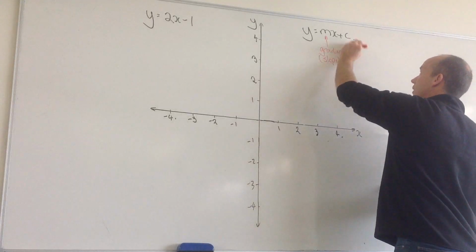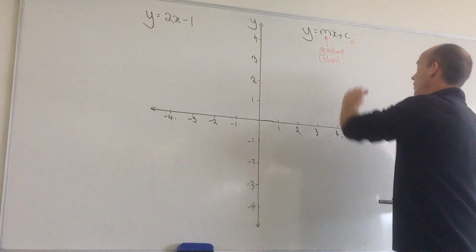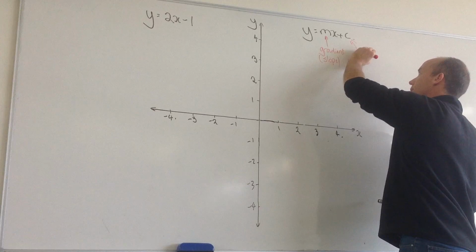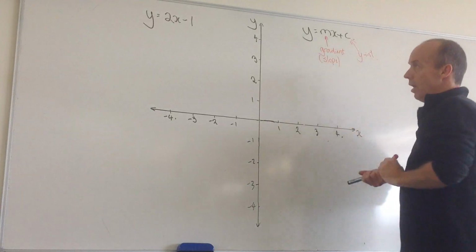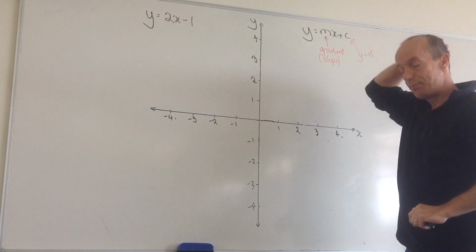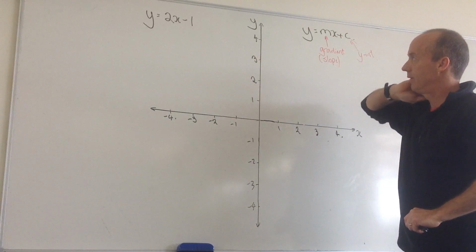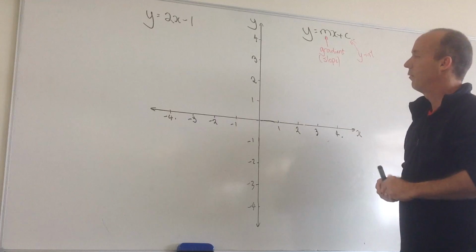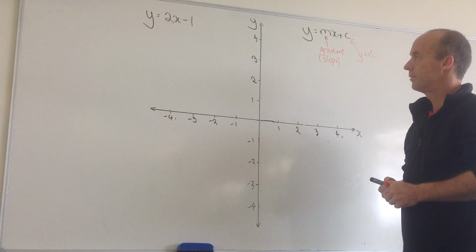And then the number at the end, the c value, is equal to my y-intercept. So that makes it really easy for us to graph linear equations without having to draw up a table of values.